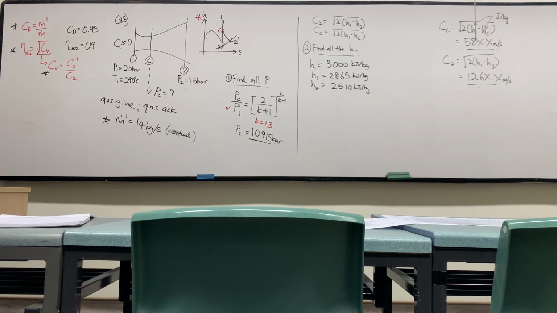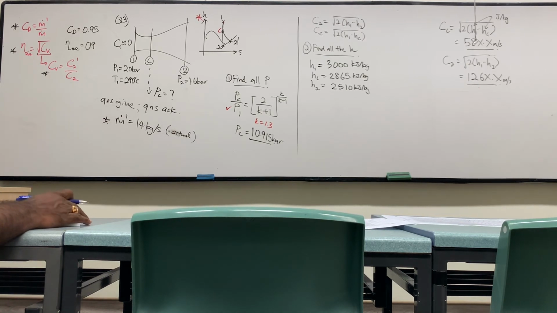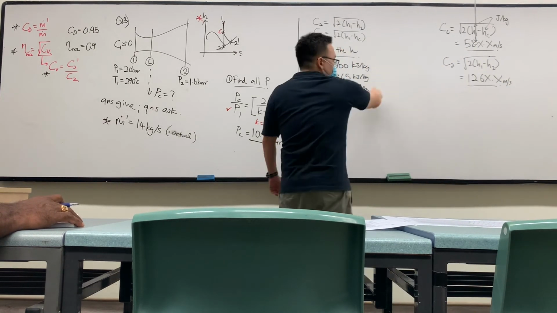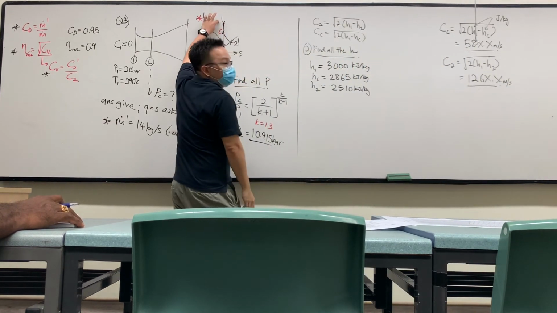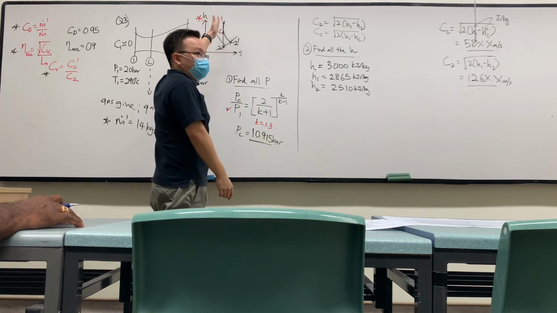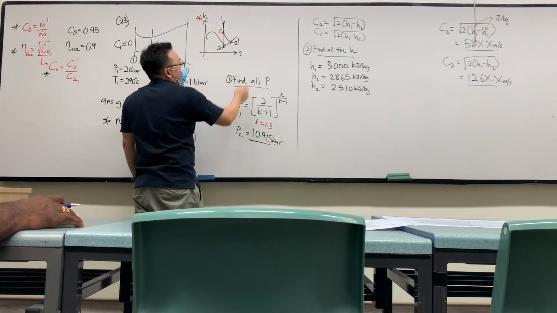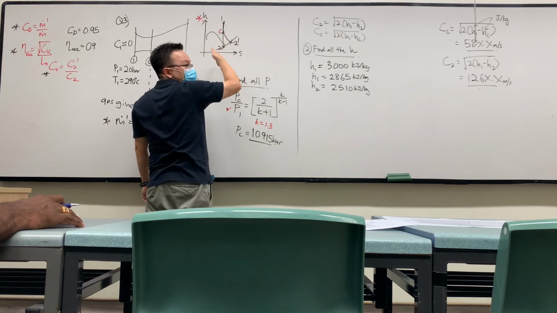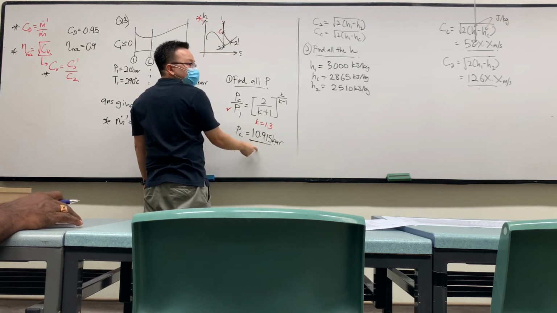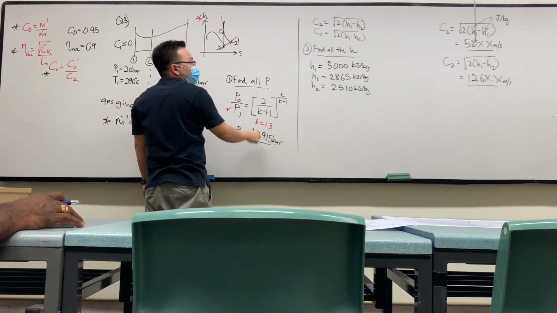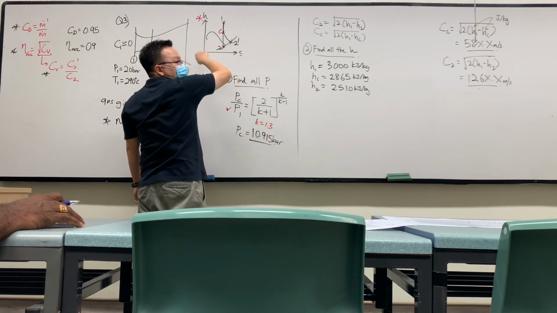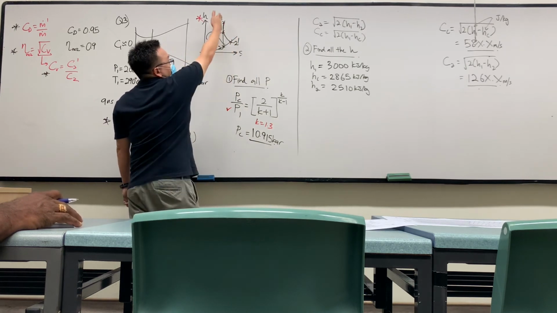Then you read it. From this point, you got one point, right? You take a ruler, you draw a long line down. Then you take the 11 bar line and cut it. Intersect your vertical line.